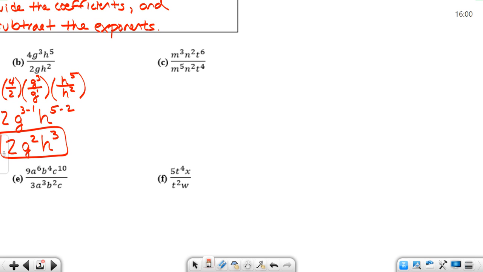Okay, now we've got 3 bases. So again, guys, I'm going to break these up. We're grouping those like bases together. And then we're using our rule, which says that if we divide like bases, we subtract their exponents.